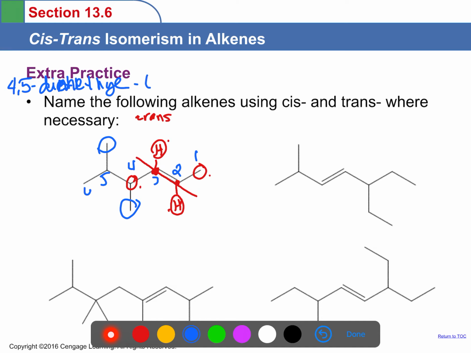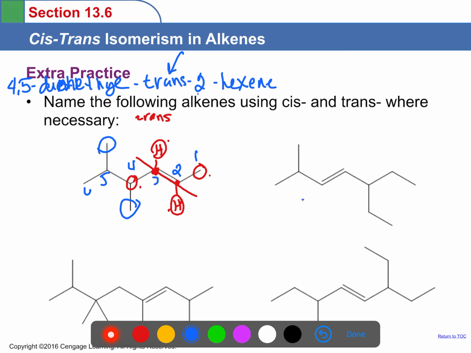We've got trans. 6 carbons is hex, and then 2-ene for the double bond. So it's the same naming rules as before, but now we have to include cis or trans in the name. Usually it's put before the number of the double bond location.